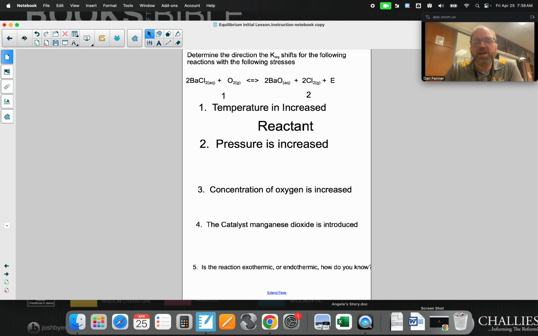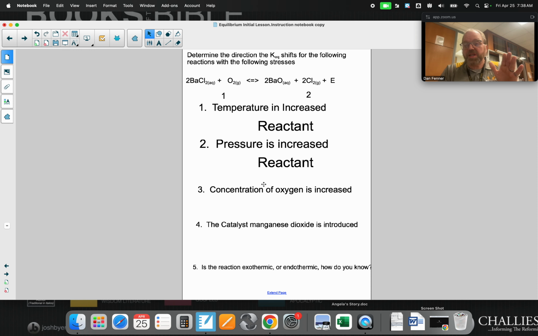I have one oxygen in the reactants, two chlorines in the products. If I'm increasing pressure, I'm decreasing volume. Side of the least number, that would be the reactants. So it's going to shift to reactants. Now, concentration of oxygen, which side is oxygen on? Oxygen is a reactant.